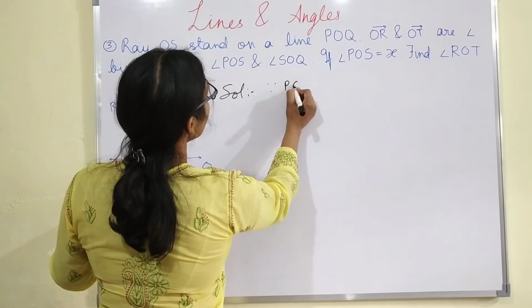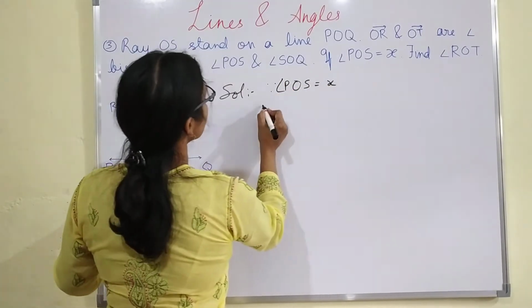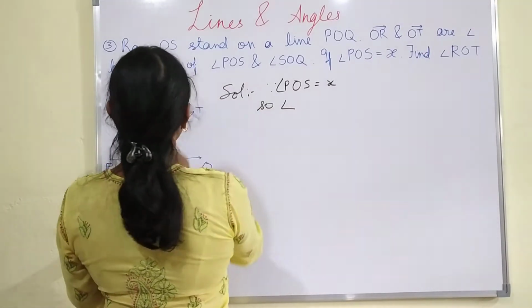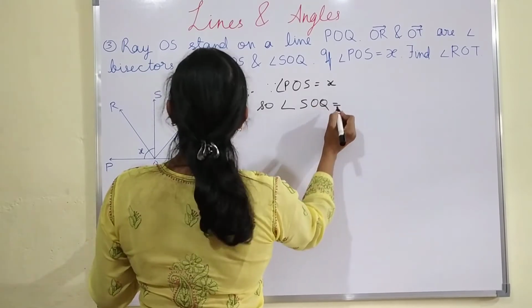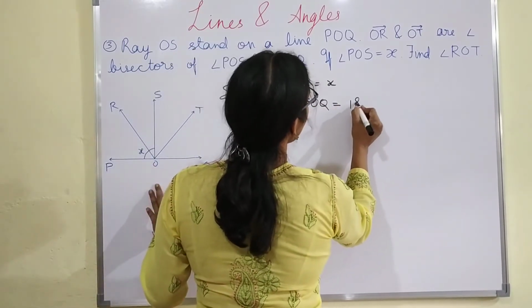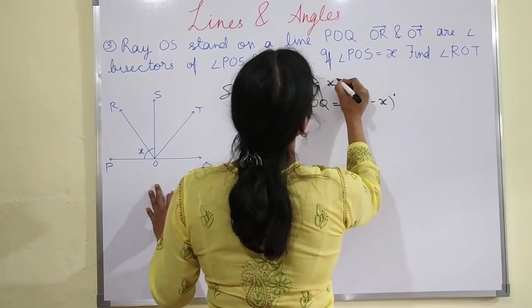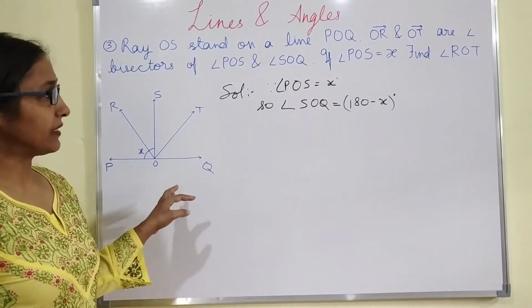Since angle POS equals x, so angle SOQ equals 180 minus x degrees. Okay, since it is a straight angle.